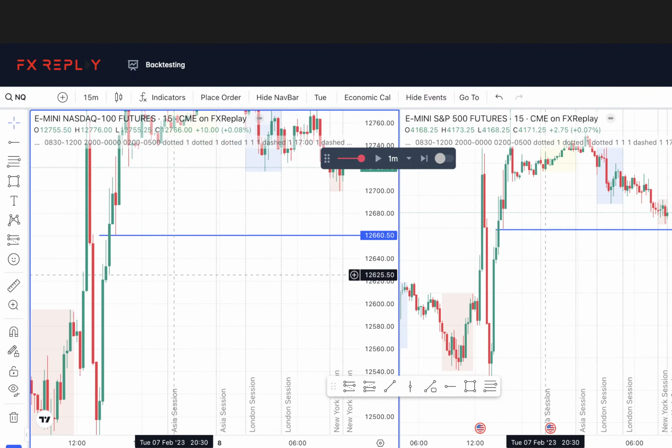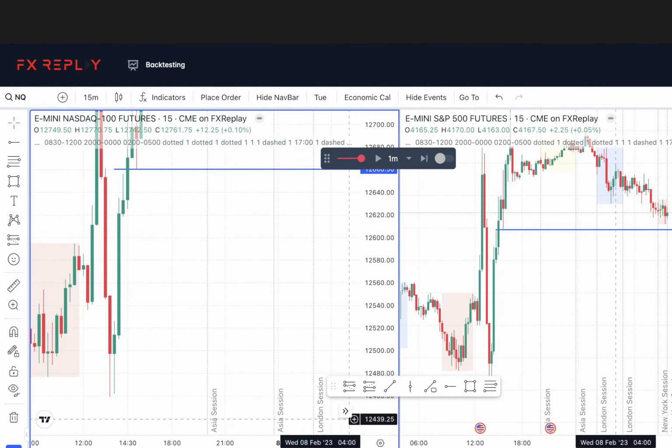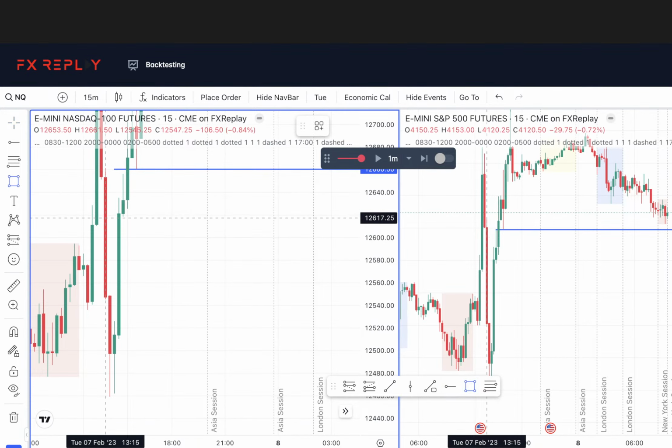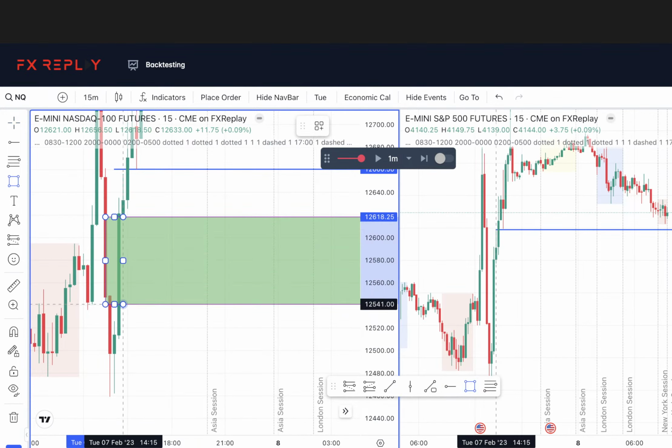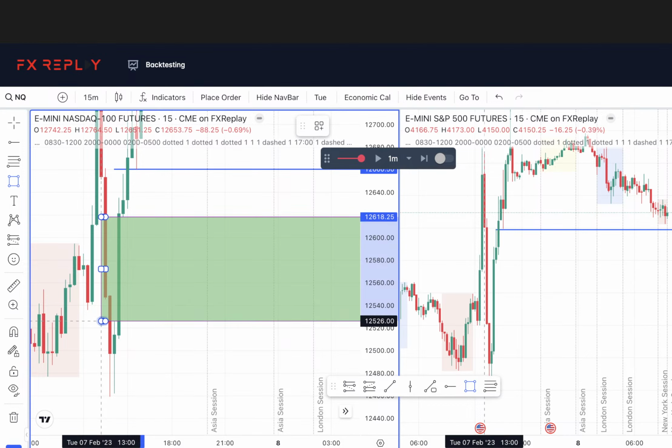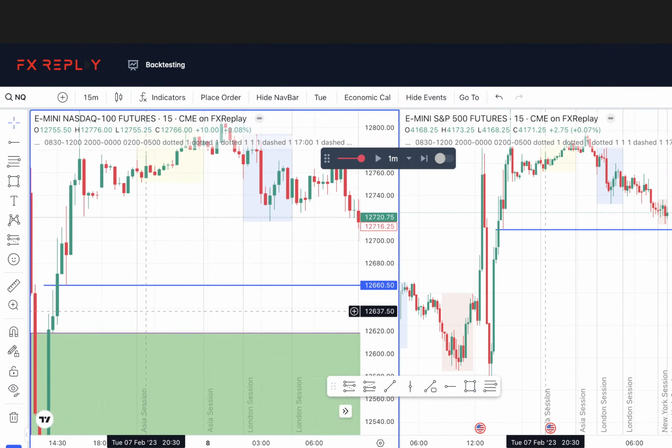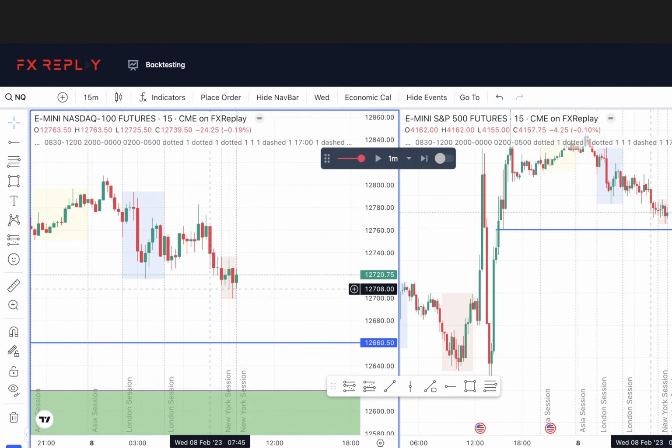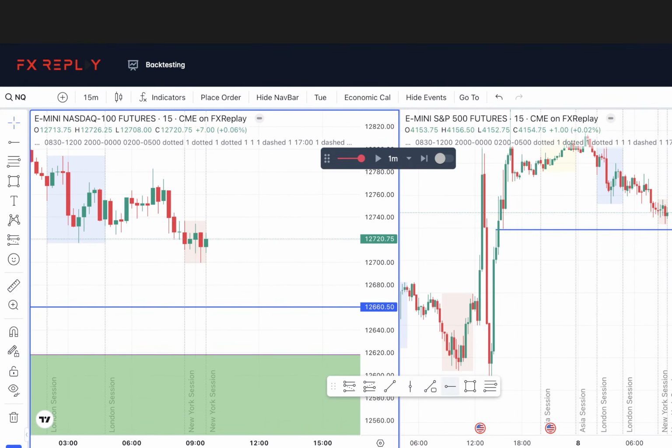And then we do have a 15-minute fair value gap here that's massive. So, liquidity to be swept. For it to go lower would probably just be this green one.